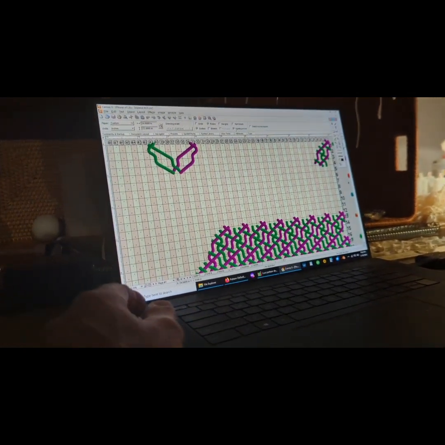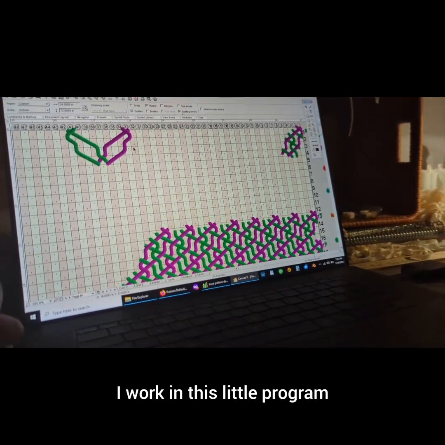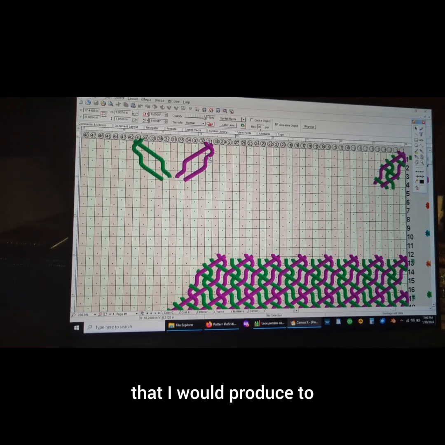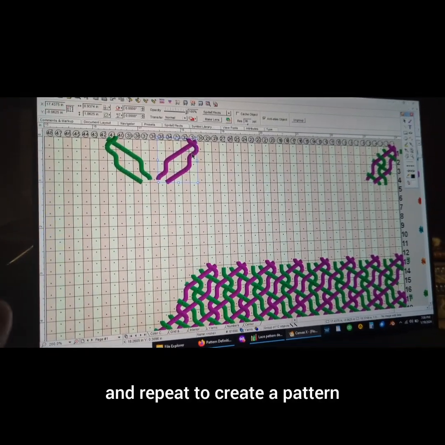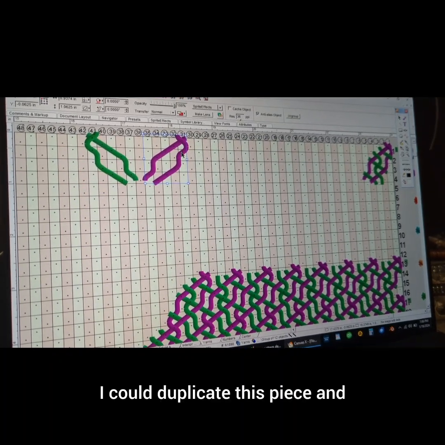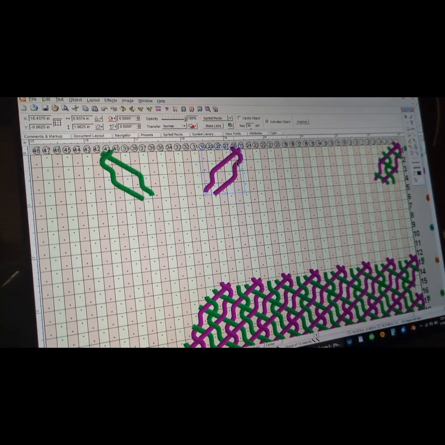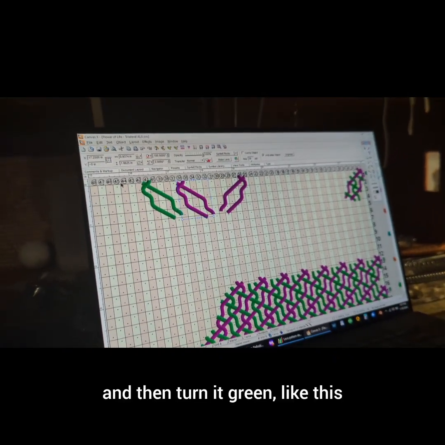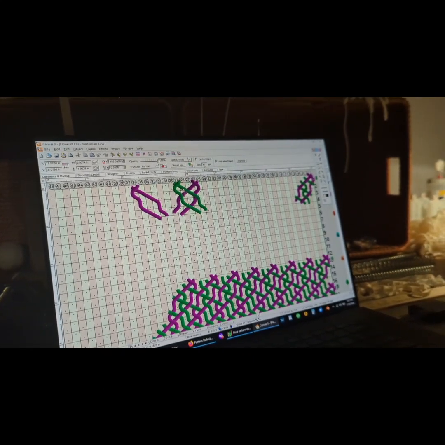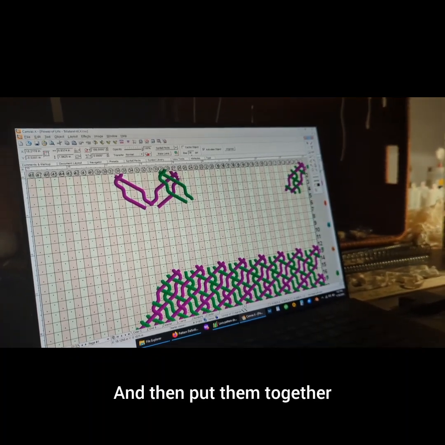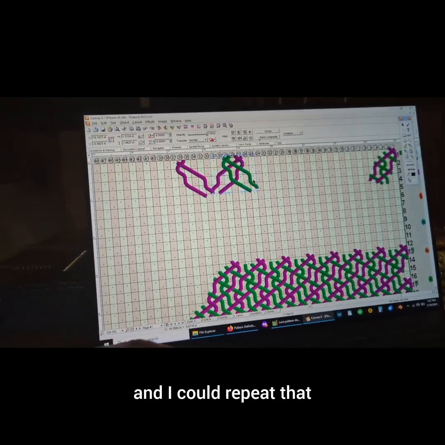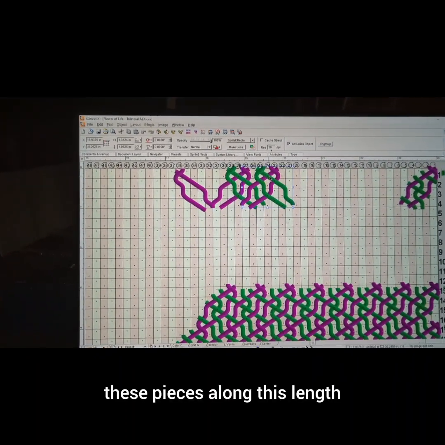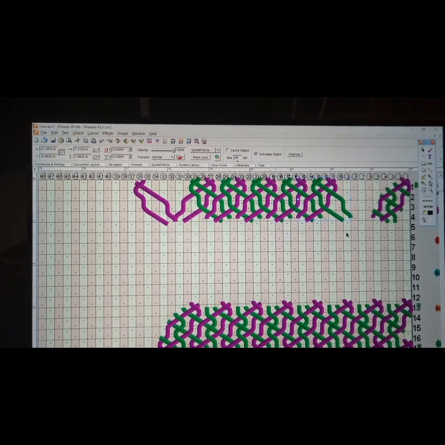So for me, I work in this little program, and this is a piece that I would produce and repeat to create a pattern. I could duplicate this piece and then flip it like so, and then turn it green like this, and then put them together like so, and I could repeat these pieces along this length and produce a pattern.